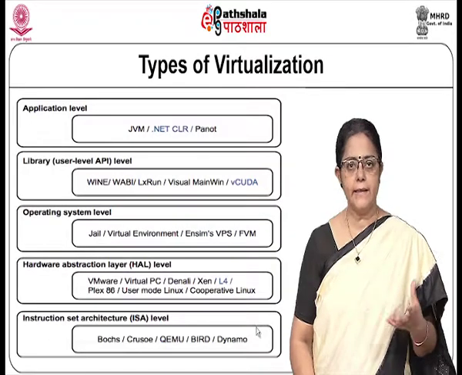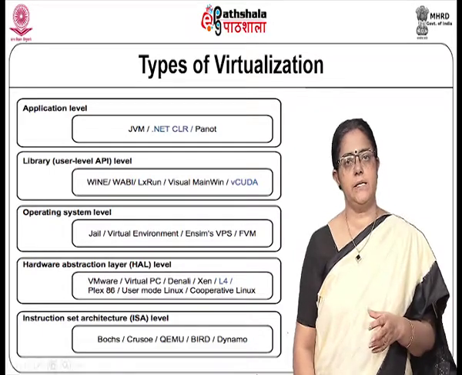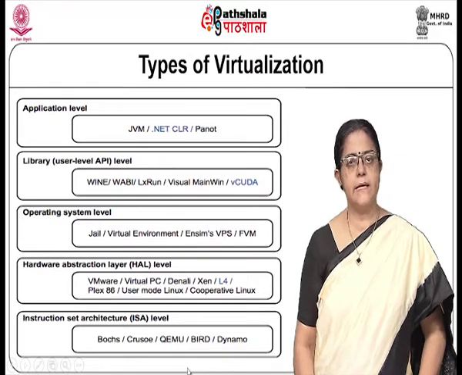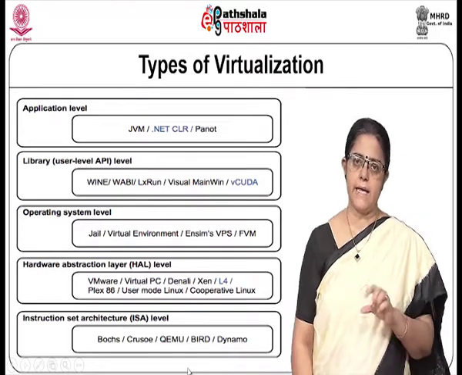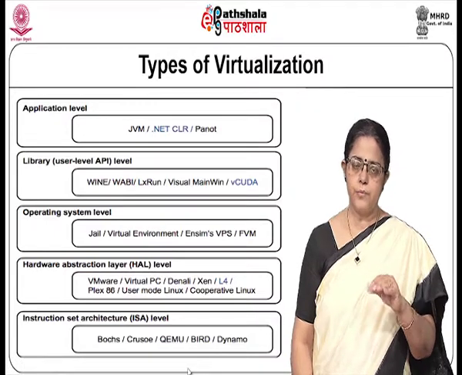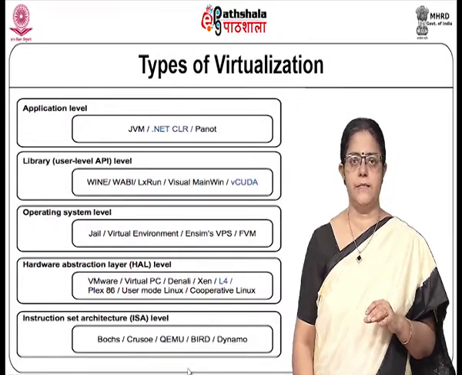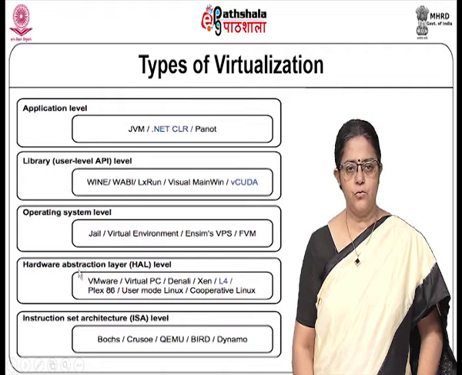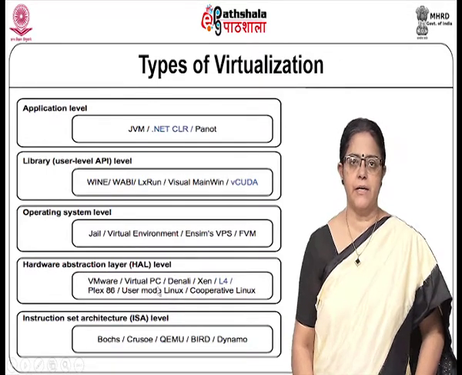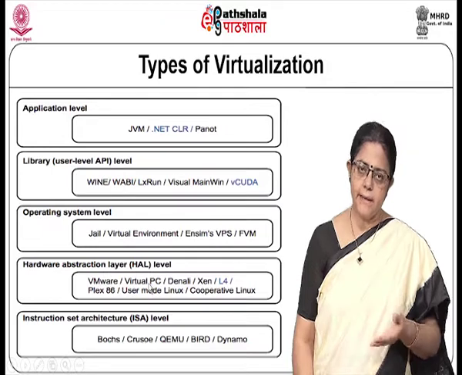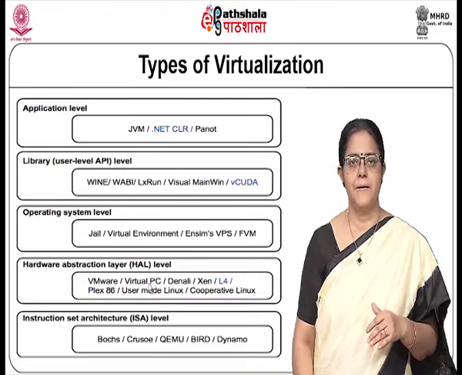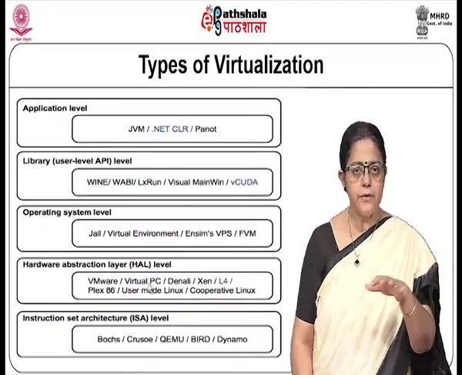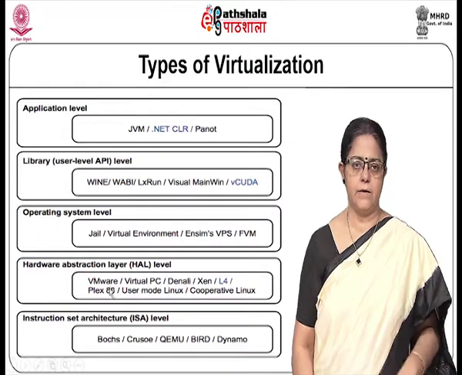Now, we will look at the various layers where virtualization in a host machine is possible. At the lowest level, we have the instruction set architecture level. The ISA, as we said, is the topmost layer of the hardware of a system, and we can virtualize that. On top of that, we can have the HAL, the hardware abstraction layer, which is not the ISA but above the ISA, and which gives the incoming process or application a hardware-like feeling that it is running on.